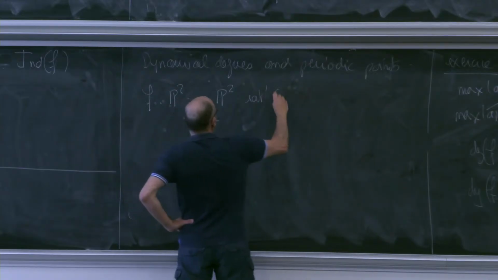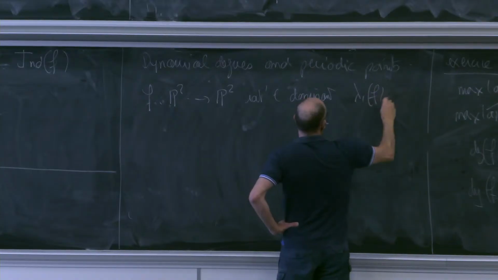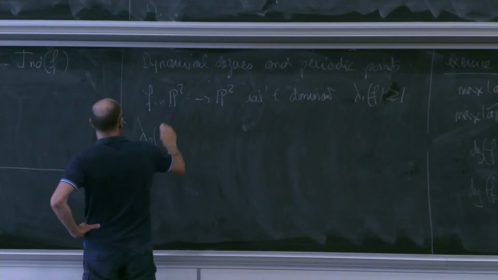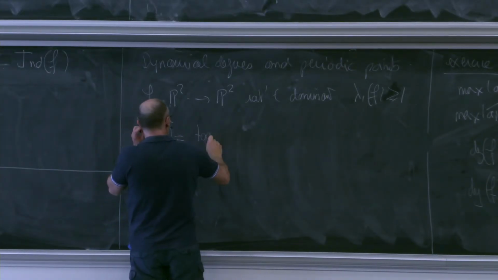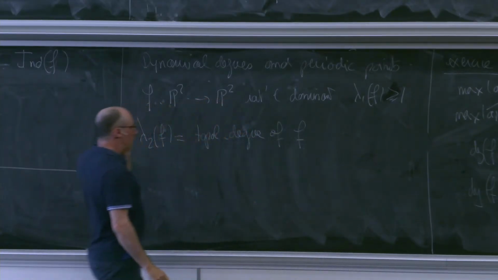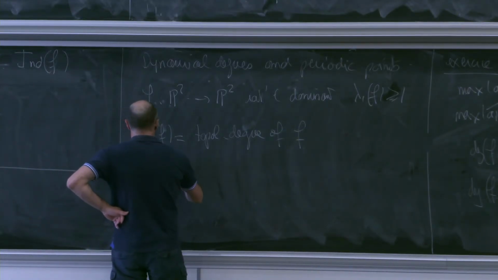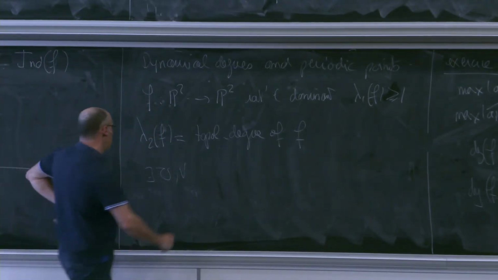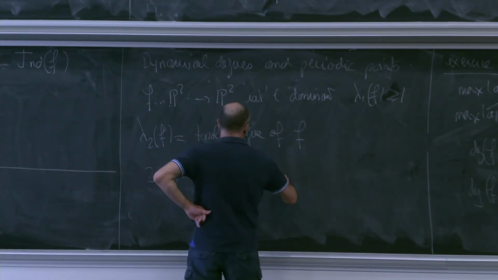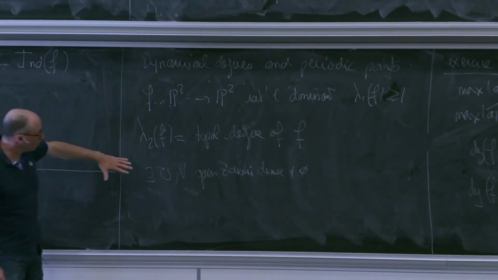Okay, so rational, dominant. Remember that I defined lambda 1. Then I want to define lambda 2. So lambda 2 is the topological degree of F. It is a fact that there exist some non-empty Zariski open dense subsets U and V such that F restricted to U is regular.